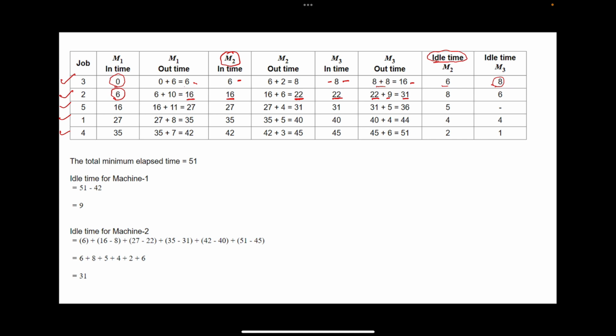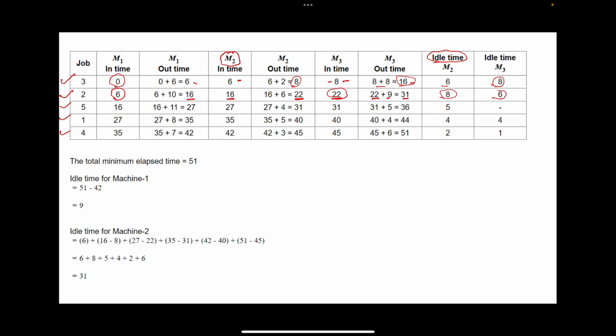Now look at the idle time for machine 2. In machine 2, job 3 is over at the 8th minute. Now the next job will come only at 16 minutes. So the idle time is 8. Similarly, for machine 3, the job is finished at the 16th minute, but job 2 will arrive only at 22.